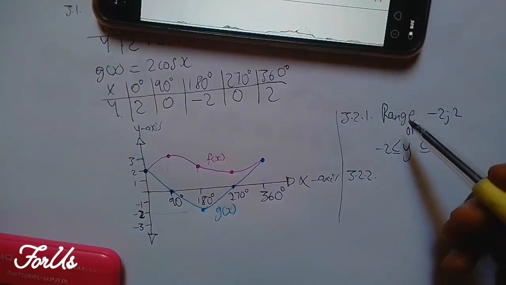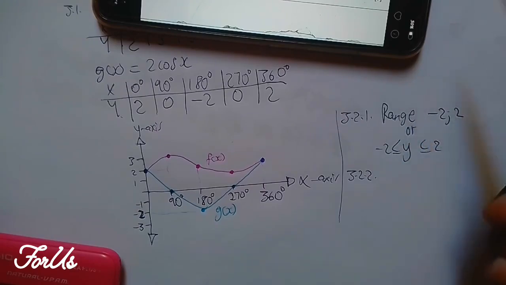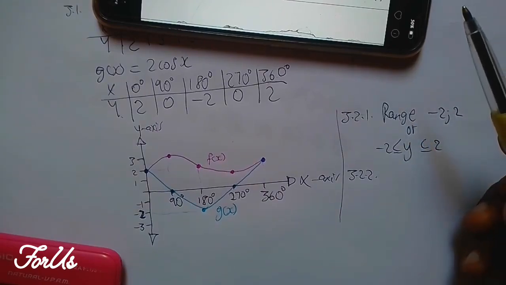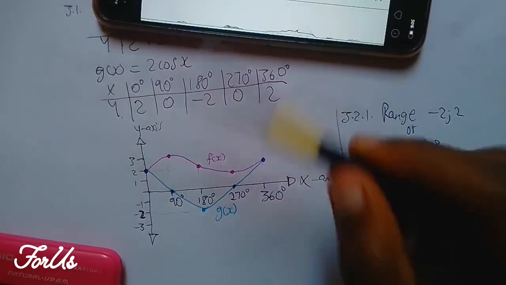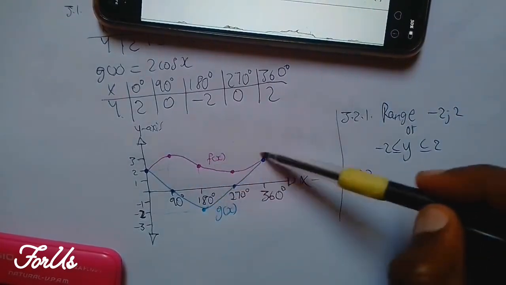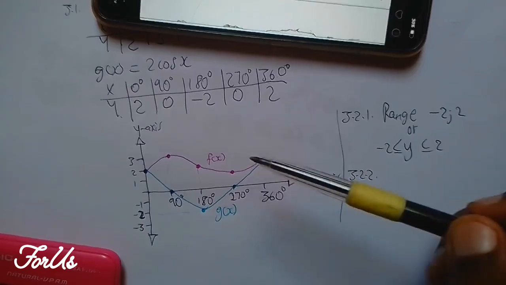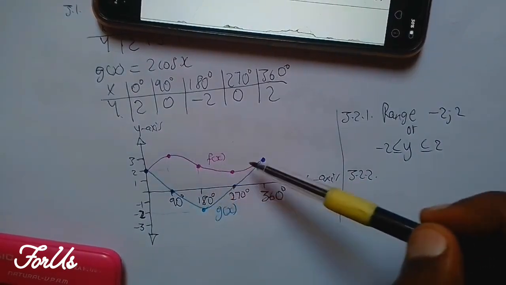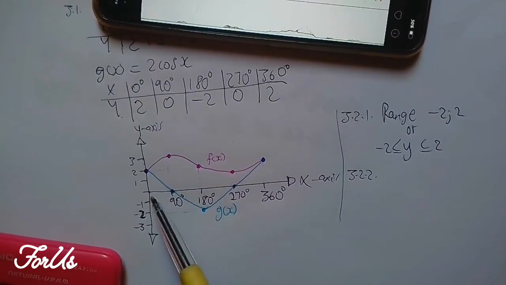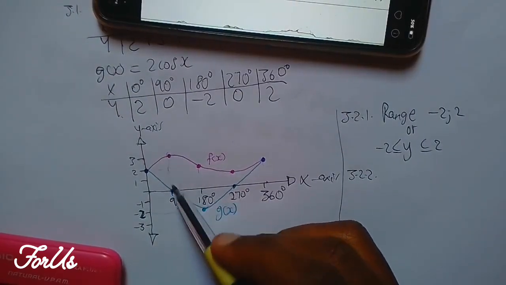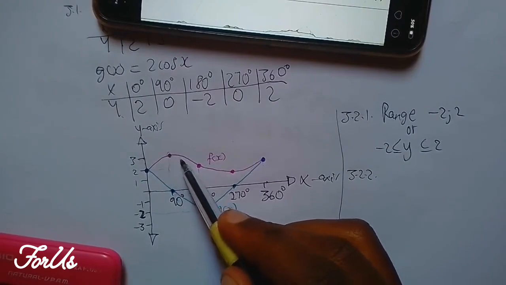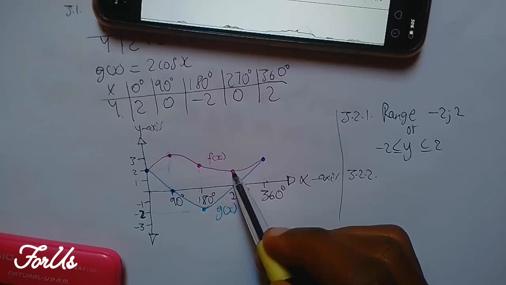for which values of x will f decrease? They want the values of x where this graph decreases. As you can see on this graph, it starts from 0, 90, 180, 270, 360. As you can see here, after 90 this graph is going down up until here.